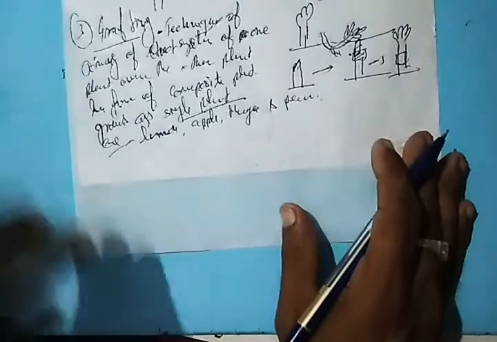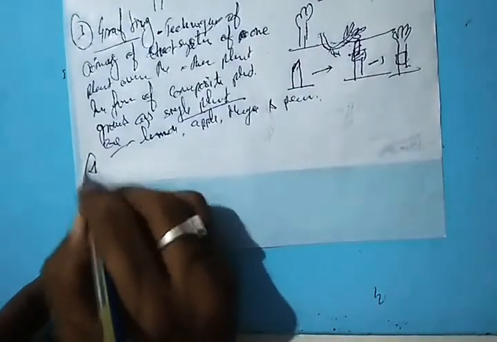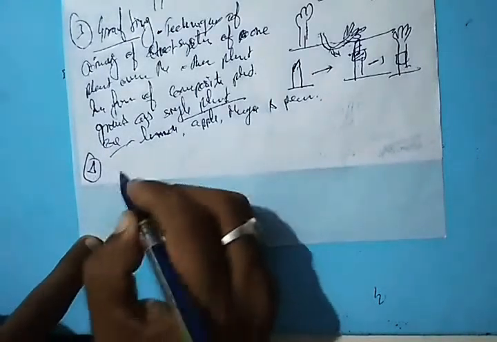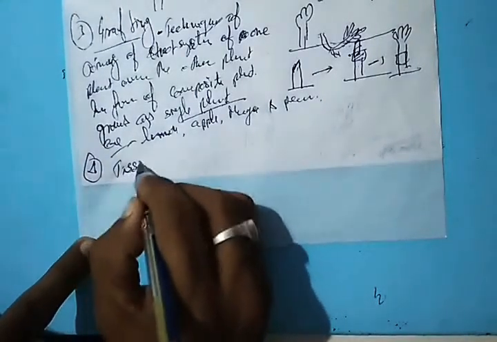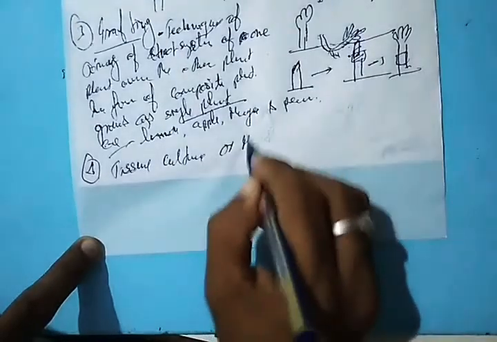The last process of asexual reproduction is tissue culture or micropropagation.